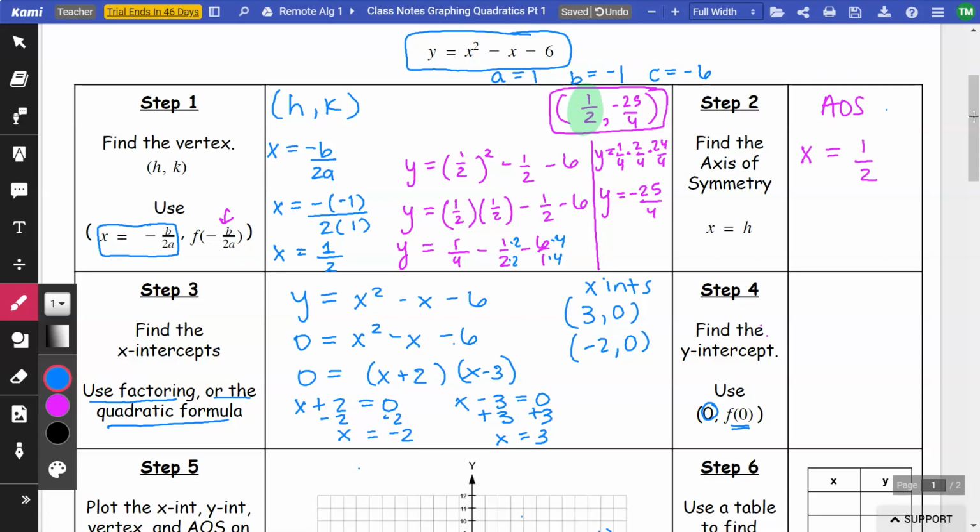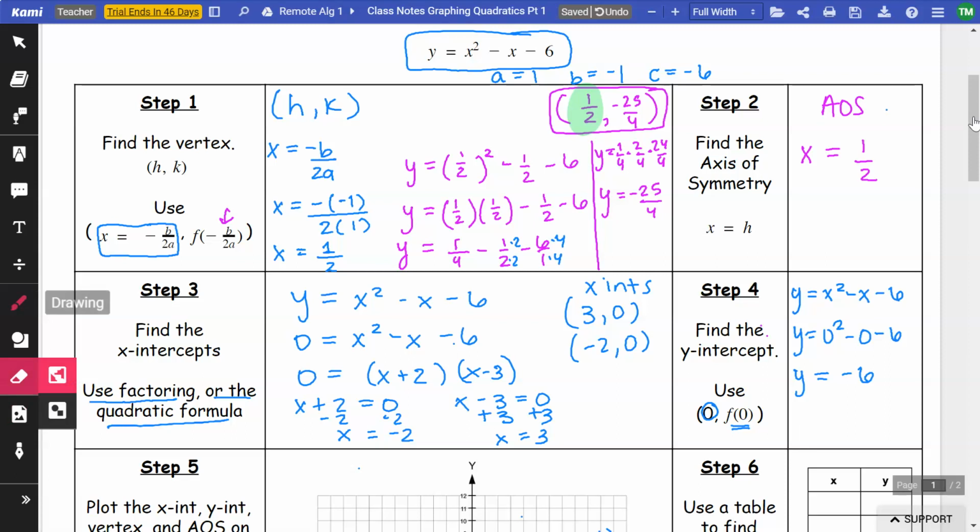That means that y is equal to x squared minus x minus 6. We're just going to plug in 0 for x. So y is equal to 0 squared minus 0 minus 6. So y would be equal to negative 6. That means that we have a y-intercept at (0, negative 6).